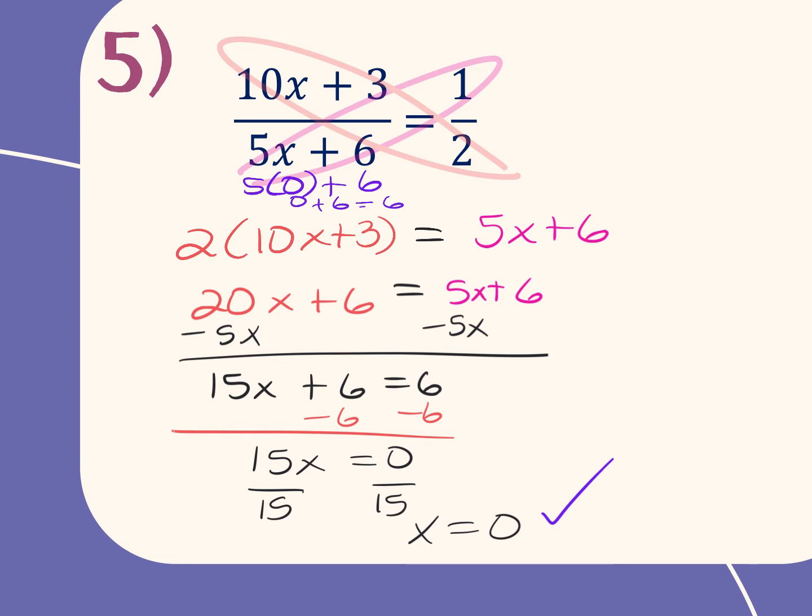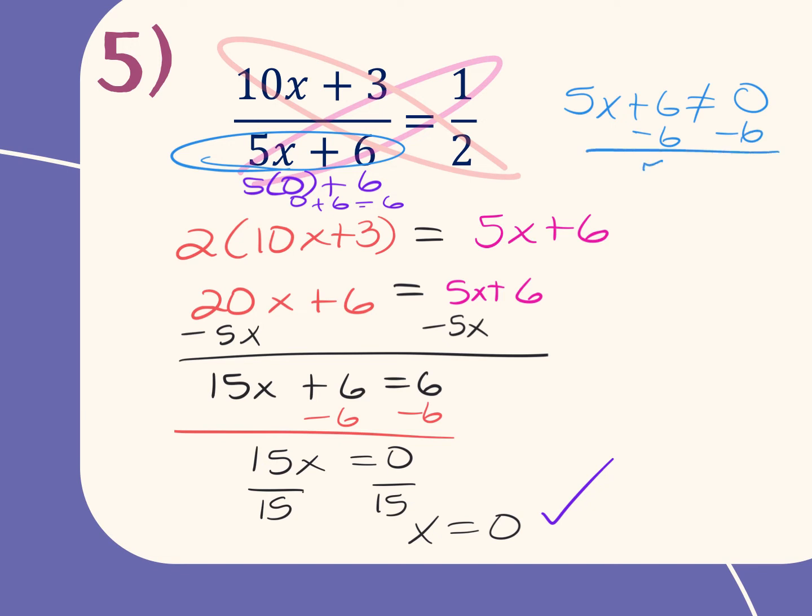Now, one way that you can figure out what x can't be is to take this denominator. This is what I said in the other problem. Take this denominator, set up an equation, and say 5x plus 6 cannot equal 0. The only thing that would make that denominator a 0 is when x is equal to negative 6 over 5.